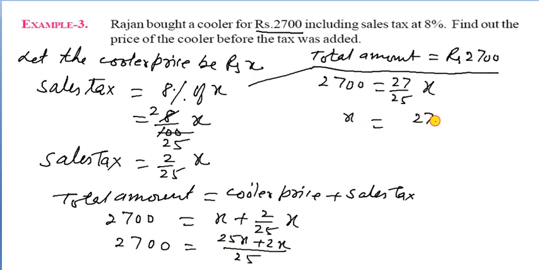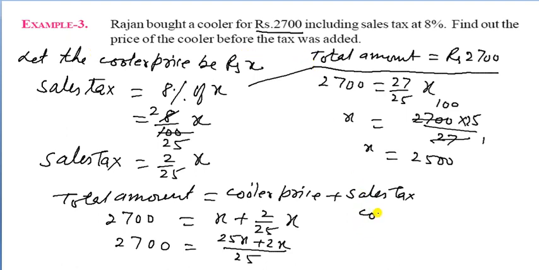So x will be equal to 27, ये 25 अपर पार्ट्स पे आ जाएगा और 27 डाउन पार्ट्स पे. So 27 1 27 and it is 100 times. So x will be equal to 2500. So you can write, find out the price of the cooler before tax.